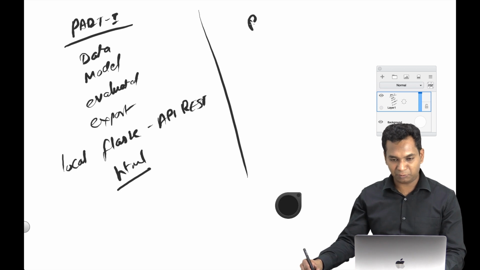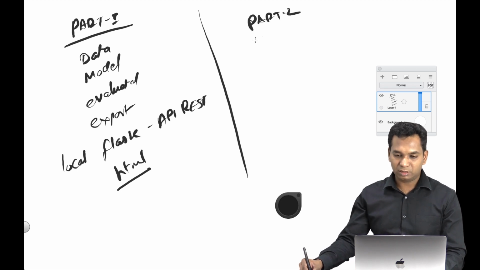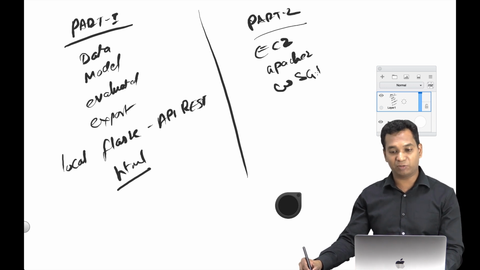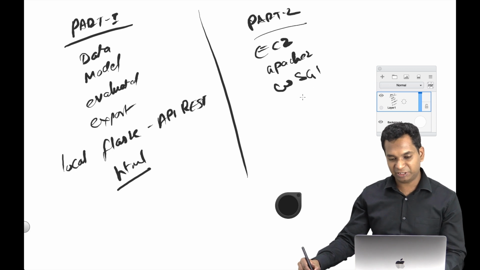In this video, part 2, we have mostly focused on EC2. We spun up the server, configured Apache and all the dependency libraries, and also activated the WSGI server mod within Apache.